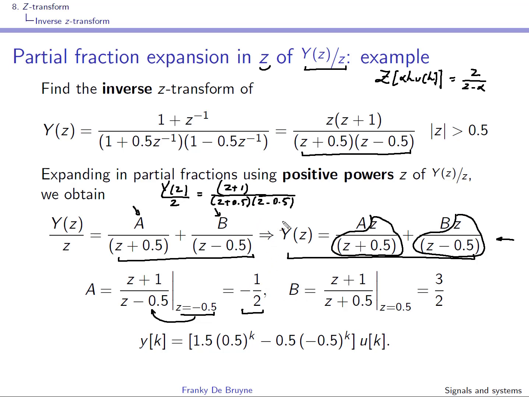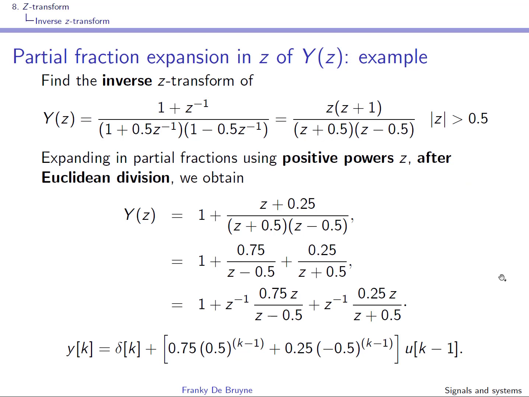We hide this one, so we have this expression here that we evaluate at the root here, z equal to 0.5. If you inject, you have 3/2. So here we have minus a half, and here 3/2. If you do the inverse z transform, this is what you obtain, and this is of course exactly the same result as when you work with the variable z minus 1.